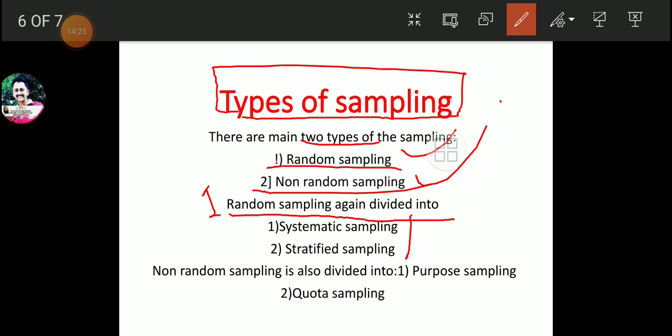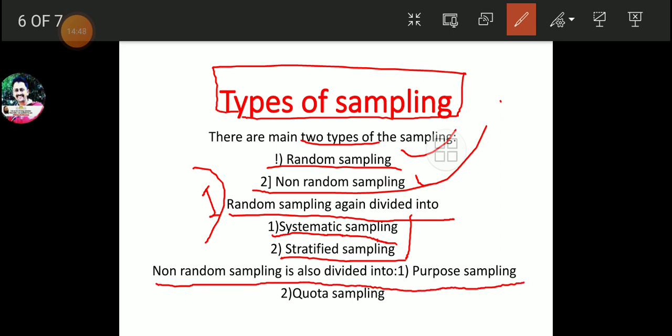Random sampling is divided into two sampling types: systematic sampling and stratified sampling. Again, non-random sampling is divided into two sampling types: purposive sampling and quota sampling. Purposive sampling and quota sampling.